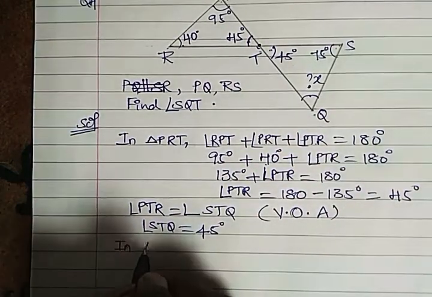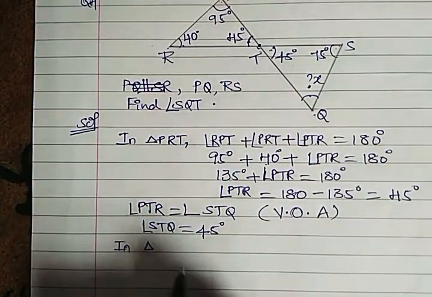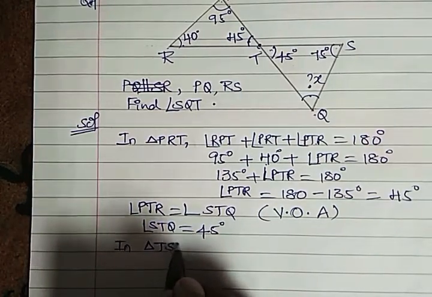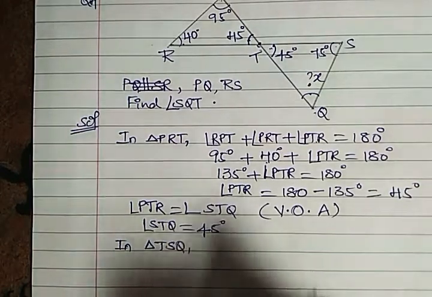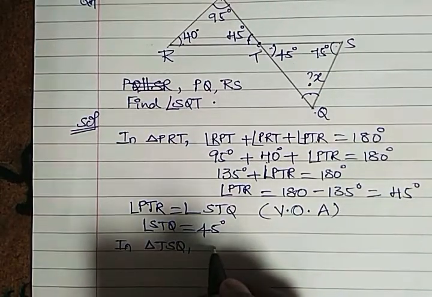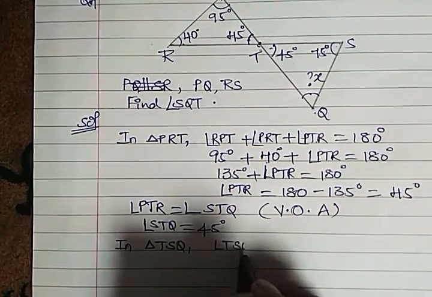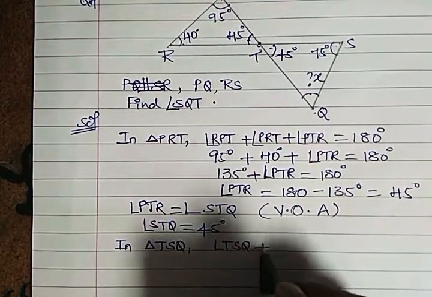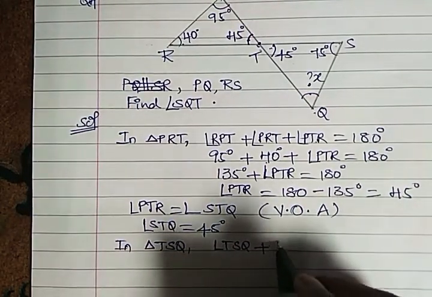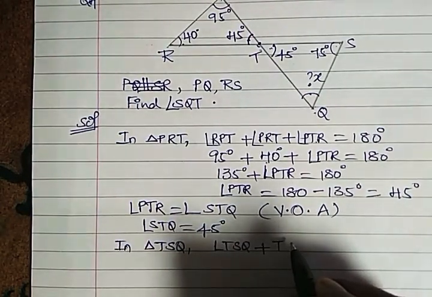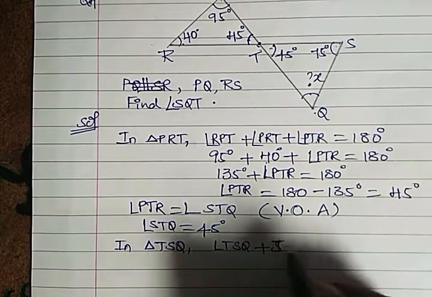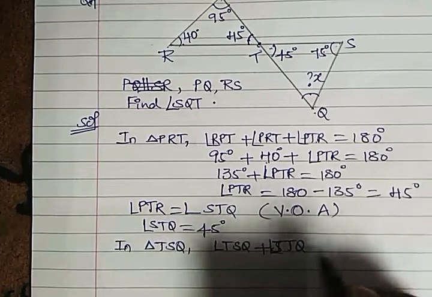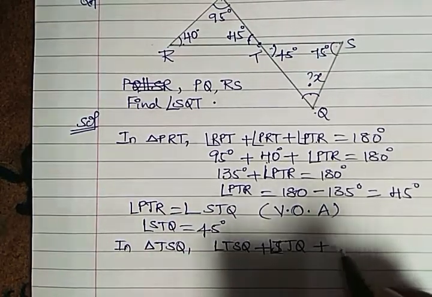In triangle TSQ, we will write the angle sum property of the triangle, that is angle TSQ, angle at Q plus angle TQS, angle T, or we can write it as STQ, plus QTS.